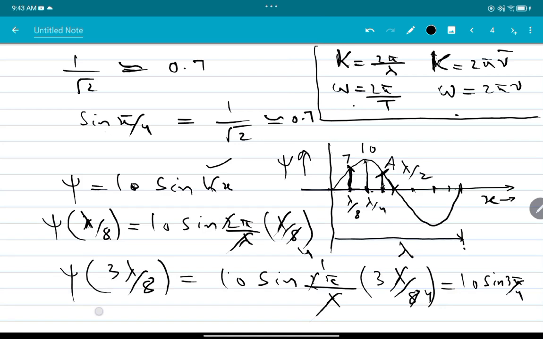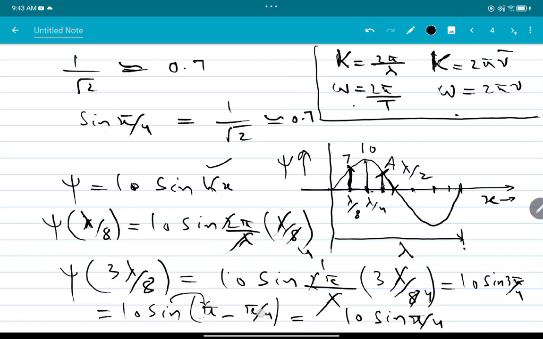Now 10 sine 3 pi by 4 can be written as pi minus pi by 4, because 4 pi minus pi is 3 pi by 4. Now this will be 10 sine, because sine has 180 degrees in front of it, so sine will remain sine, and pi by 4, but we have to check the sign, whether it is positive or negative.